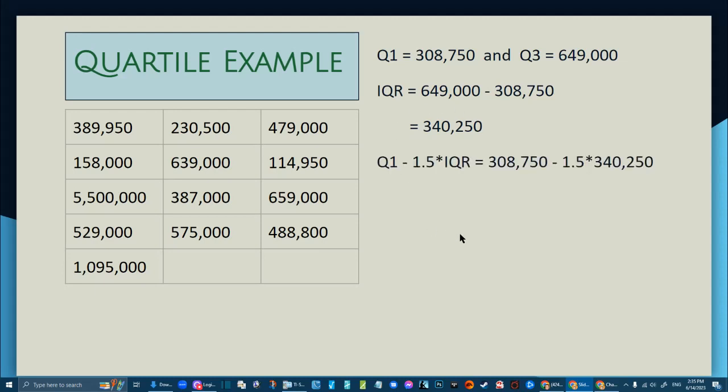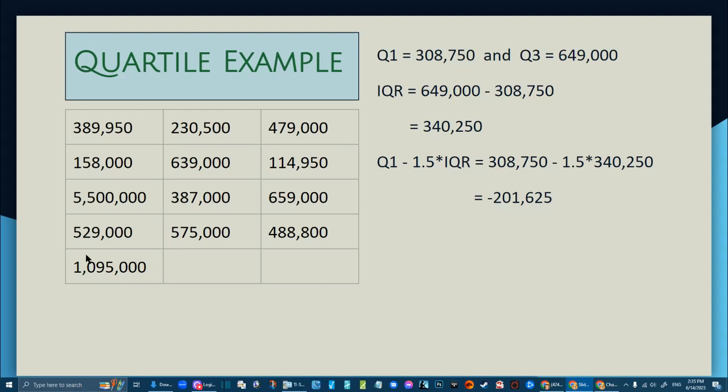To find the lower bound for outliers, we take that first quartile and we subtract 1.5 times the IQR. So 308,750 minus 1.5 times the IQR, 340,250. And that gives us a negative number.